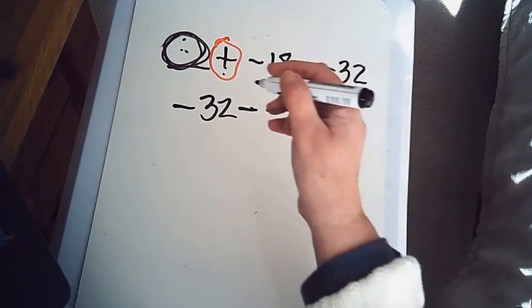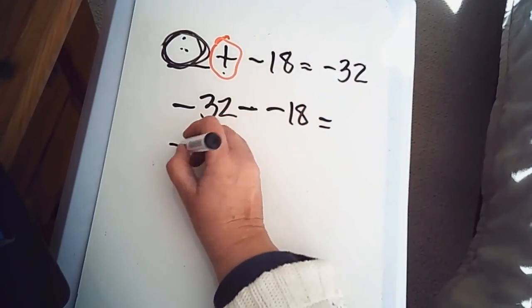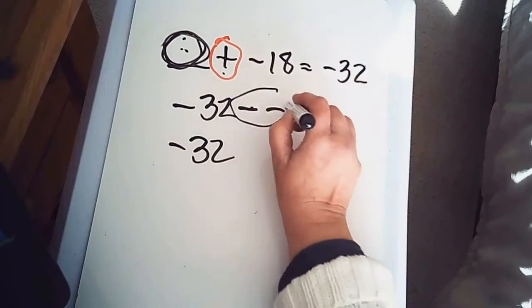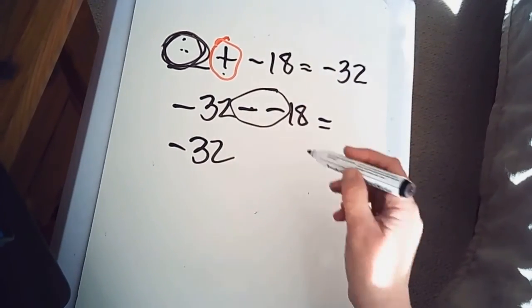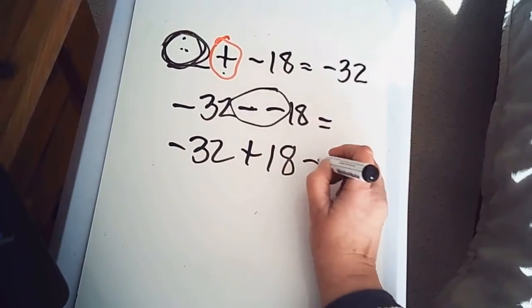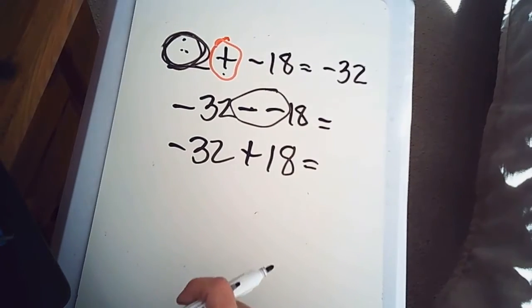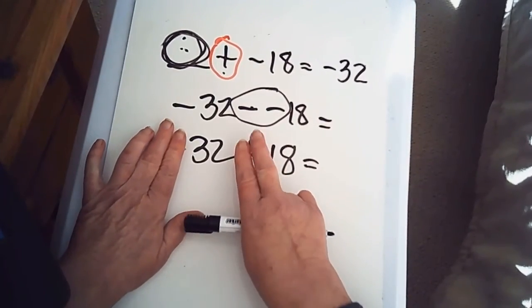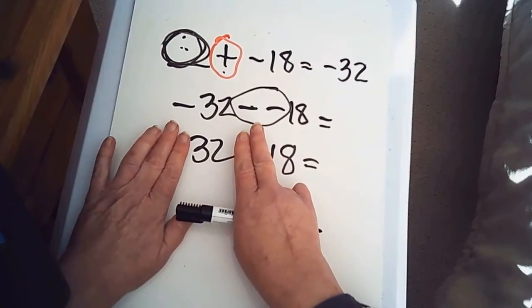That's all. So now we're going to say minus 32 minus 18. Here comes integers. What is a negative and a negative? Positive. So positive 18 is equal to. Now I can see here, these two are different. There's a negative number, there's a positive number. Okay, I cover them.